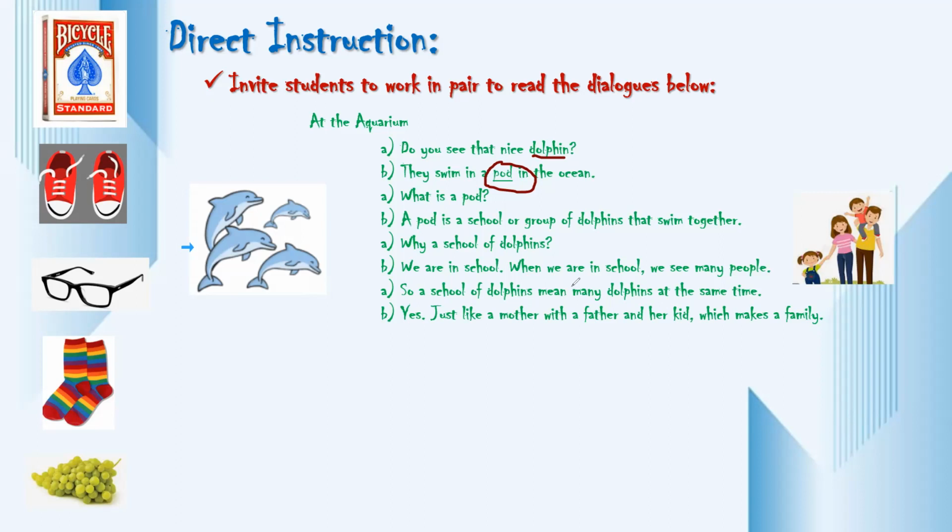So we're introducing vocabulary, and an opportunity for students to learn in context. The next time they see a group of dolphins swimming at the aquarium, or they go on vacation, travel somewhere in the ocean, and happen to see a group of dolphins, they can remember, oh, this is a pod. Make the connection in a new situation.